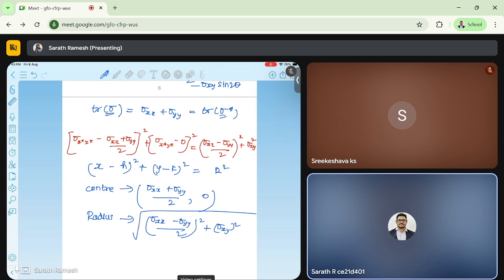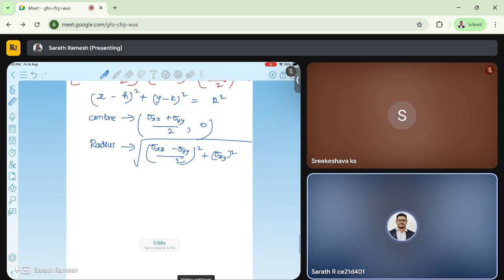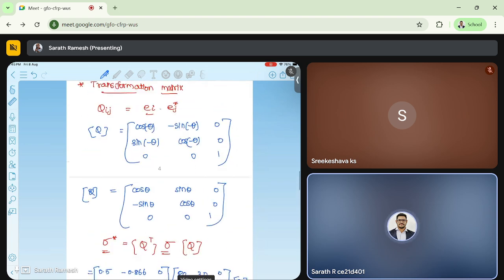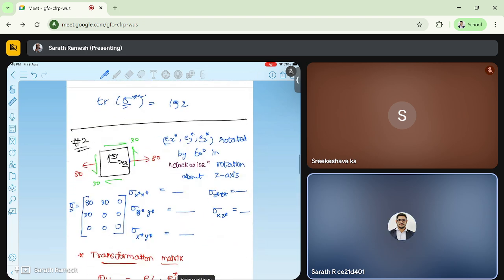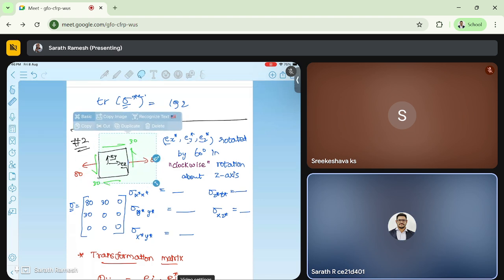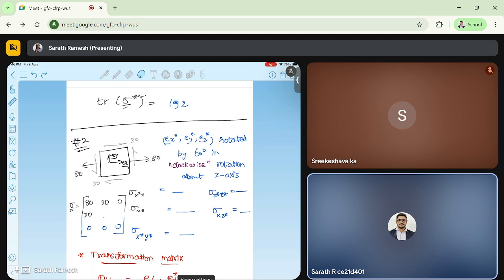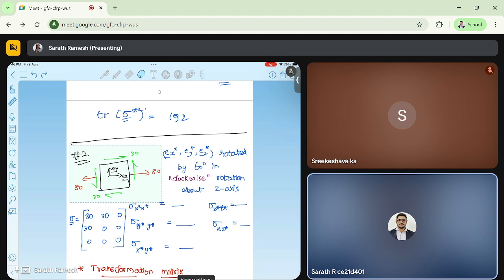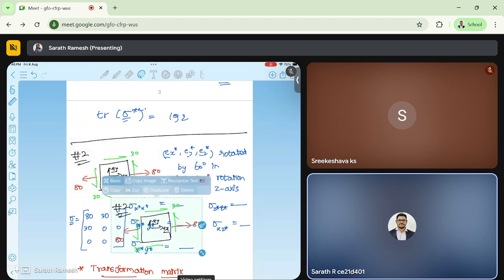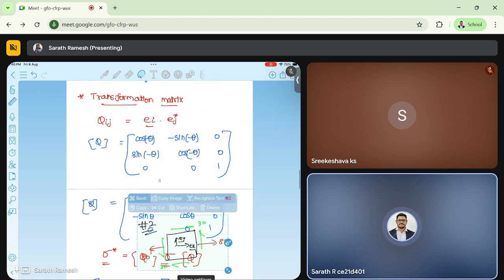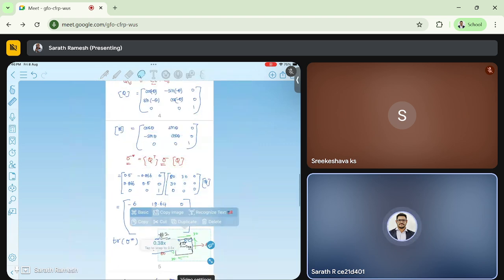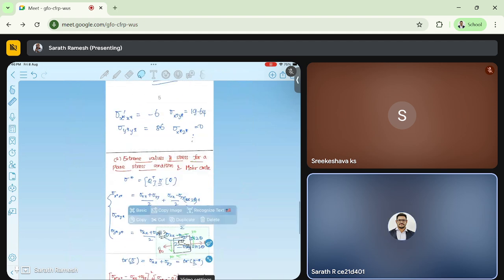Now we can draw this in the form of a circle; this stress state also we can represent. Suppose I want to draw the Mohr circle for this particular stress state, how will we draw it?